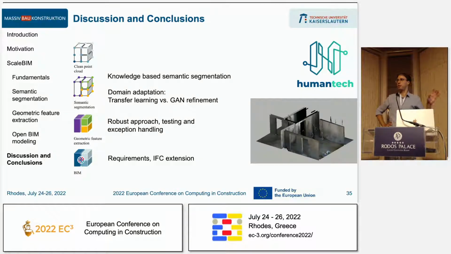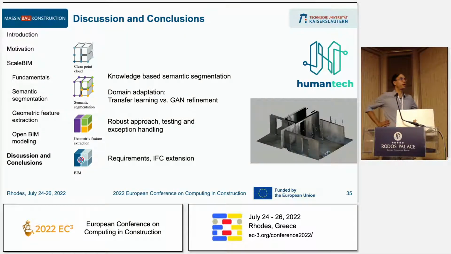For that matter, we are discussing 2 approaches at the moment. One is transfer learning, so training your model with synthetic training data and then taking the last few layers of the model and retraining them with real-world data that was annotated before. The advantage would be that you need less manually annotated training data.